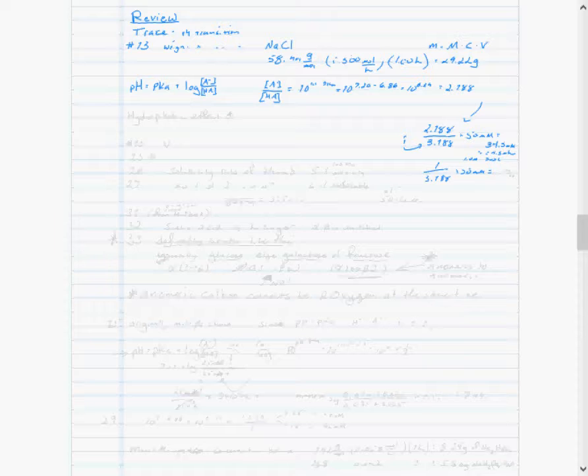I'm going to subtract it from 50 myself, and I'm getting 15.7 millimolar. So this will be 15.7 milliliters of acid, NaH2PO4, 1.0 molar. That will be the answer.